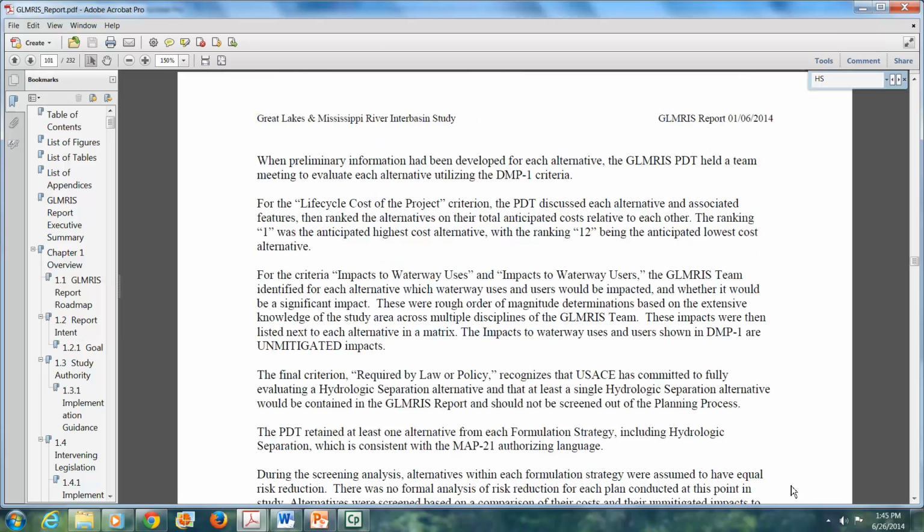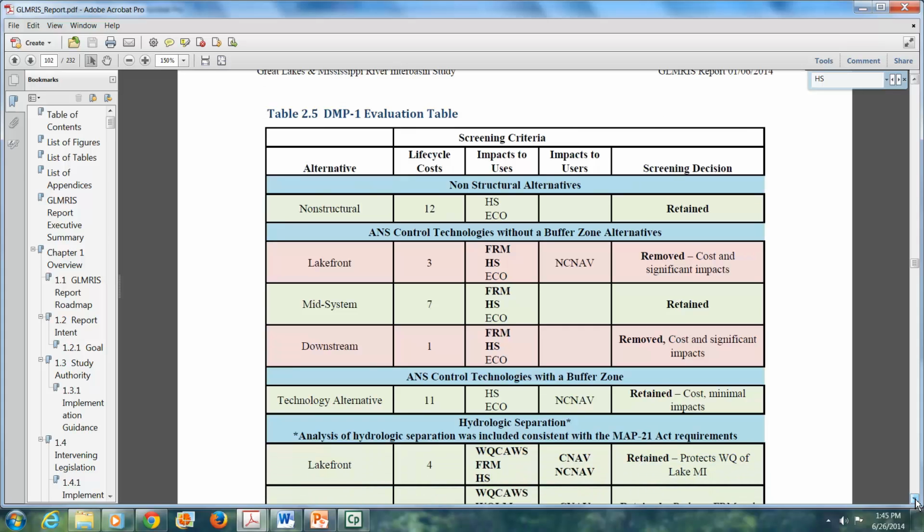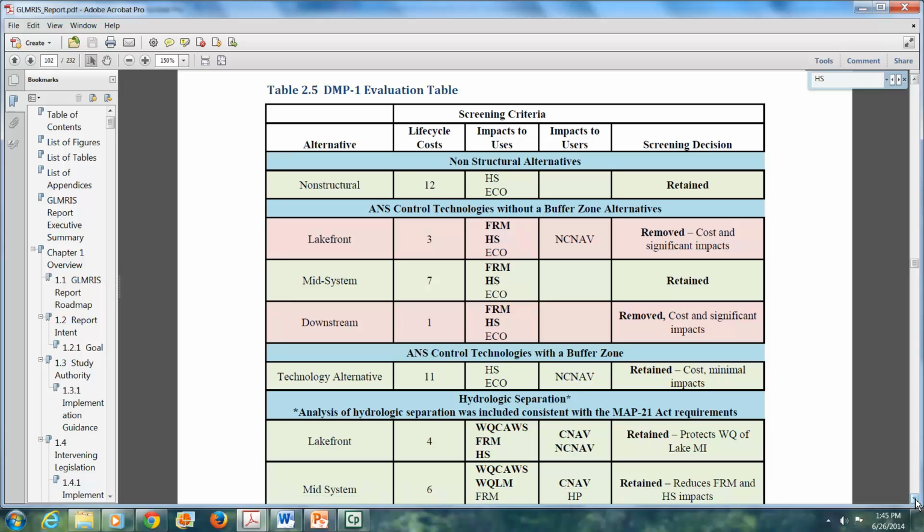So let's scroll down a couple of pages. And here we have the evaluation table. This was used for the early screening, so this will differ somewhat from the finished plans. But you can see here, for example, aquatic nuisance control technologies without a buffer zone. The lakefront alternative, it ranked 3rd in life cycle cost.